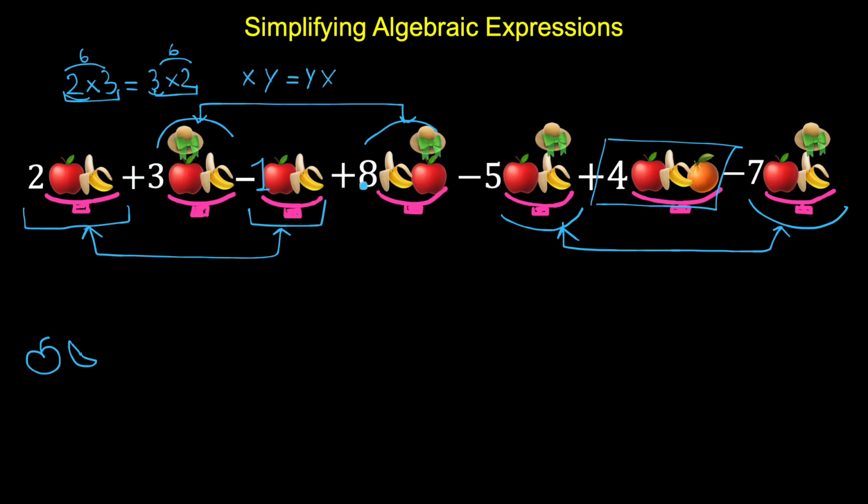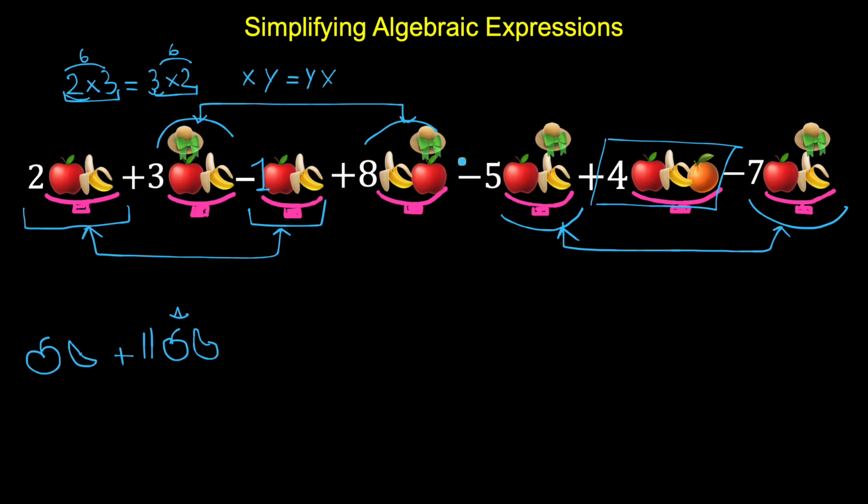So positive 3, positive 8 equals positive 11 apple with hat and banana. And here we have minus 5 apple banana with hat, and here we have minus 7 apple banana with hat.